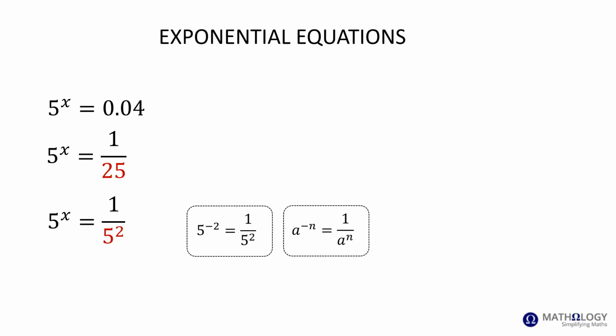Thus, 5 to the x equals 5 to the minus 2. And now that we have single powers with equal bases on either side of the equation, we can equate the exponents. Therefore, x equals minus 2.